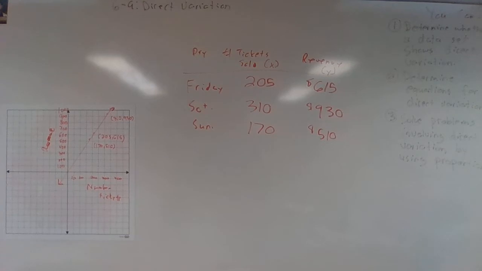And again, we can use probably common sense here to figure this out. But if I sold 0 tickets, how much revenue do you think I'm going to make? 0. So 0, 0 is indeed a coordinate that would be plotted on our graph. In this line, if I look at it, lo and behold, it does indeed pass through 0, 0.